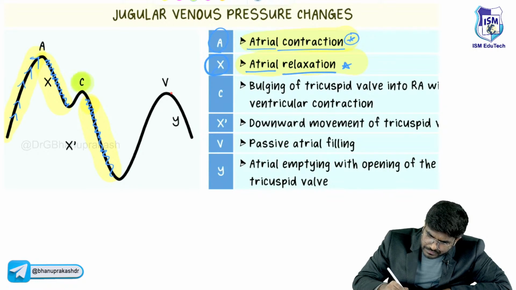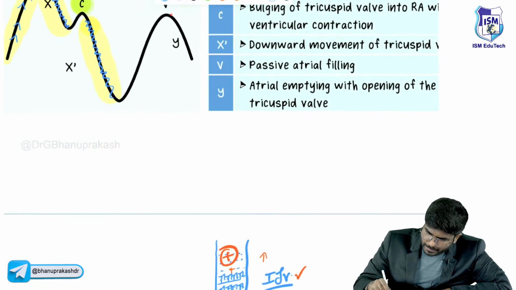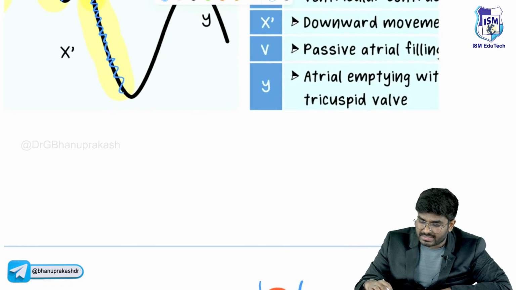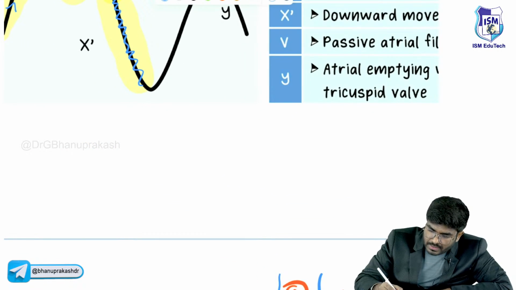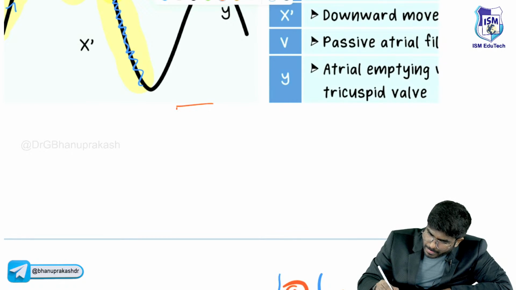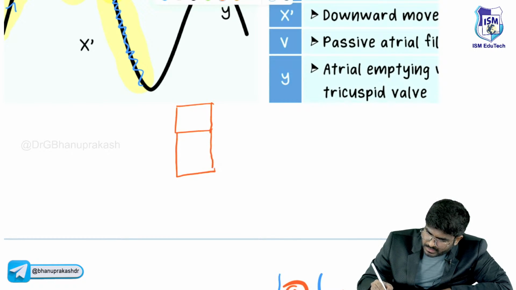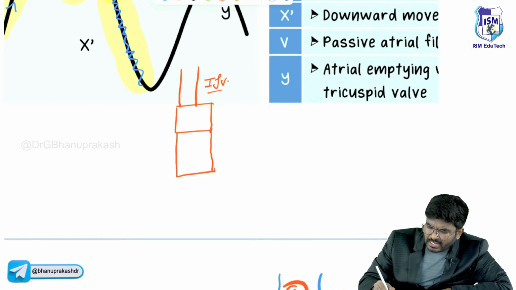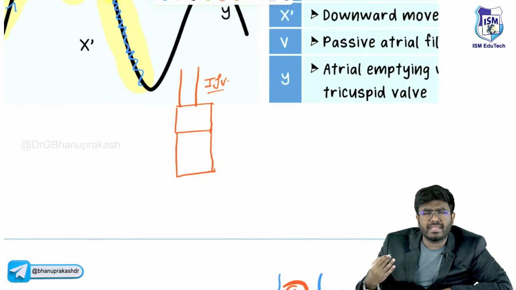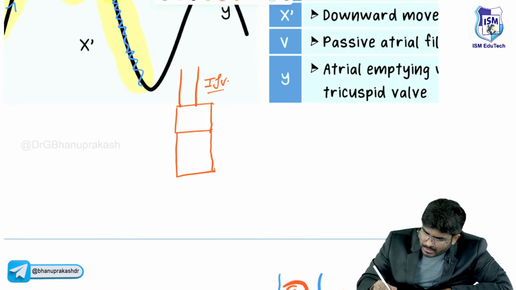Okay, C wave. Now you need to understand. While the atria is relaxing, let's try to understand like this. Imagine this is the internal jugular vein. I am directly showing the internal jugular vein, and taking out the superior vena cava. Now this is the right atria, right ventricle. Now the ventricle is contracting.